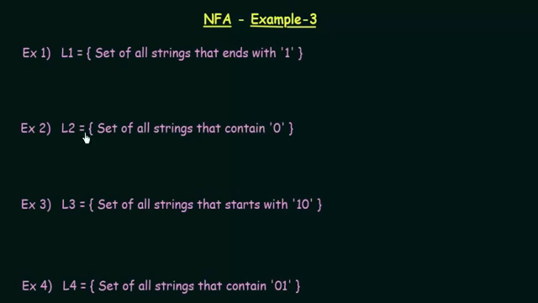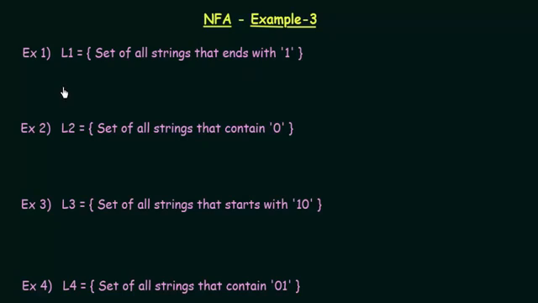Okay, so here we have a few languages and our task is to design the NFA for these languages. So let's see how we can do this. Coming to the first one, L1 is the set of all strings that ends with 1. So how can I design the NFA for the set of all strings that ends with 1?